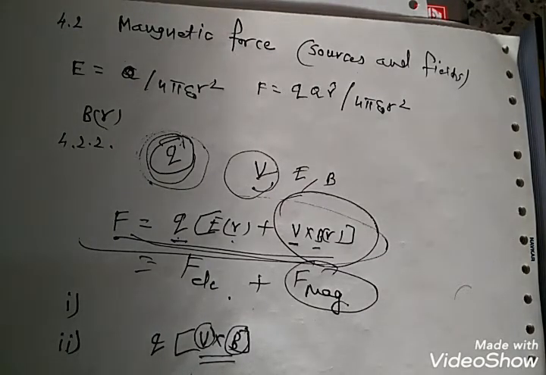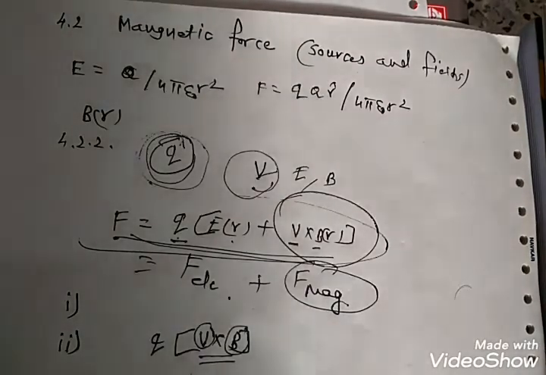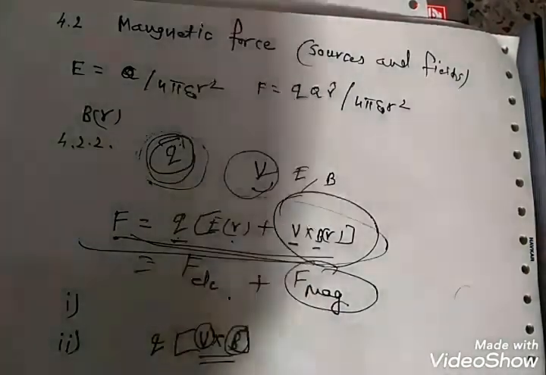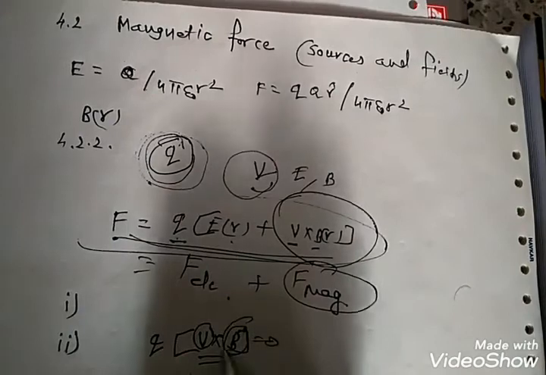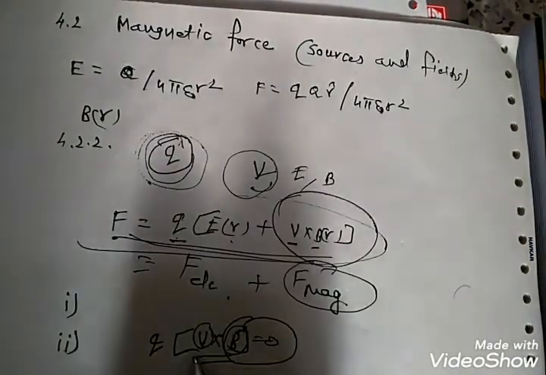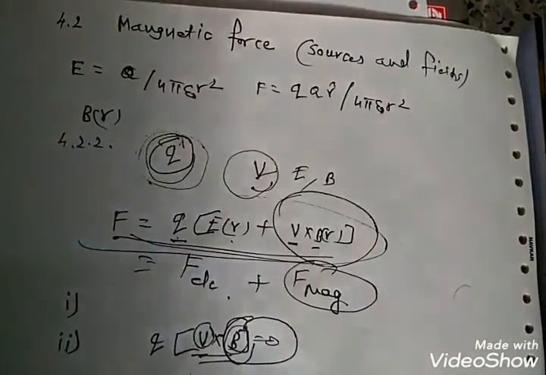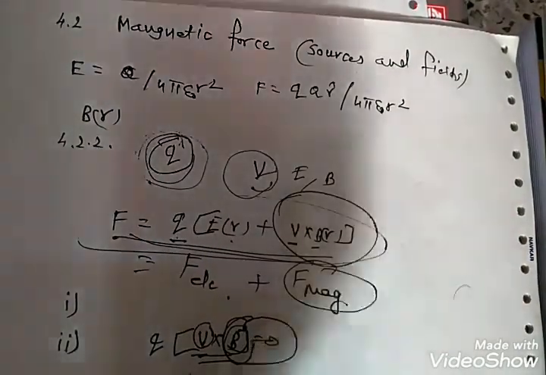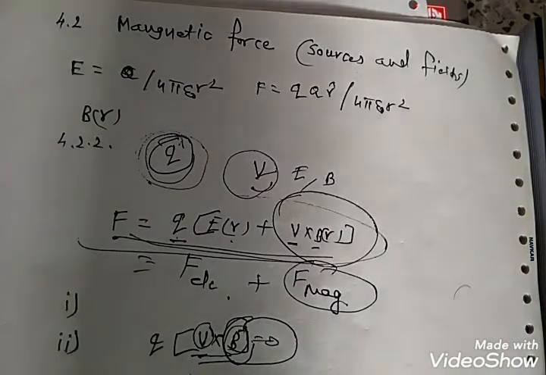The vector product makes the force due to the magnetic field become zero if velocity and magnetic field are parallel or anti-parallel.